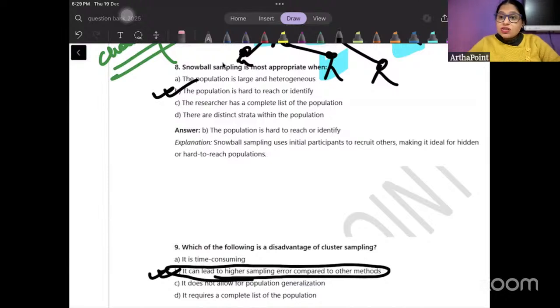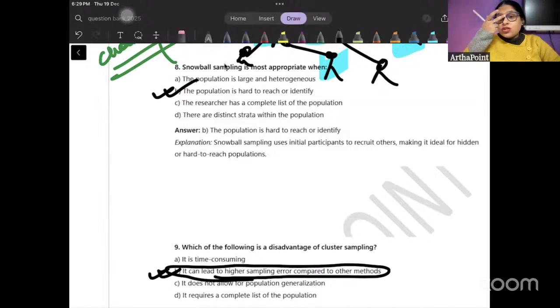You're not considering the variability among the population members when you only select certain clusters for sampling, right? And that increases the sampling error, right? So one issue with cluster sampling is that it will always lead to sampling errors.